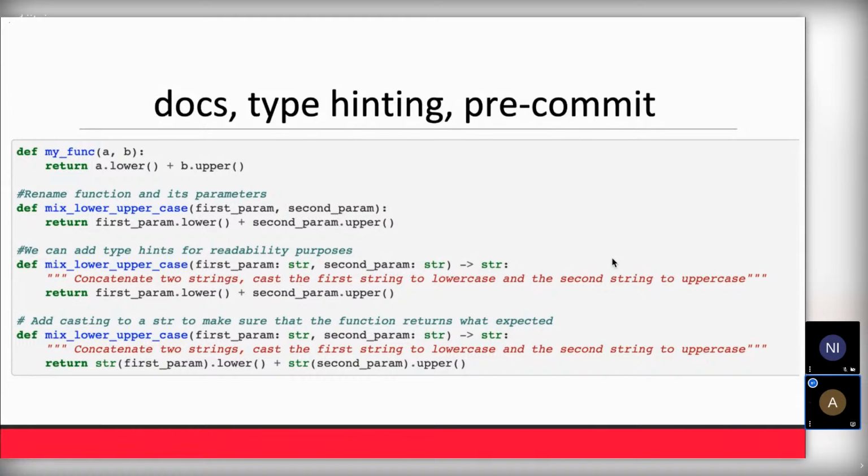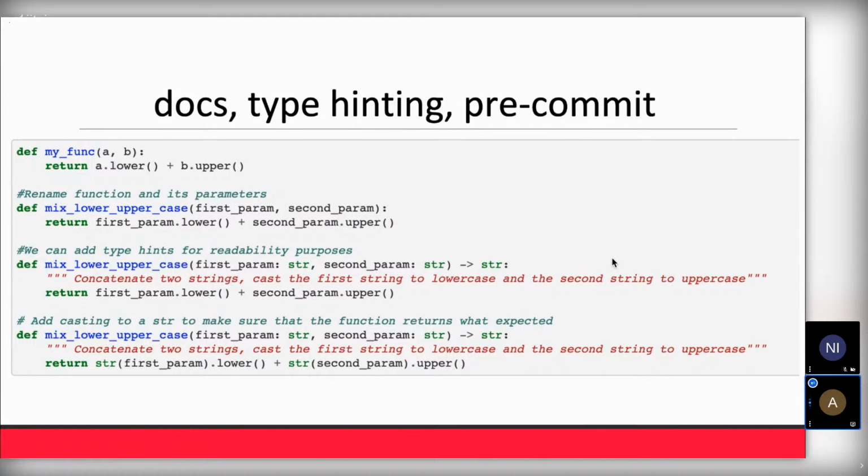But you want to make sure that, what if instead of strings, I drop in some integers or floats? If you're expecting strings and you want to get a string out, then you can add typecasting to your function.